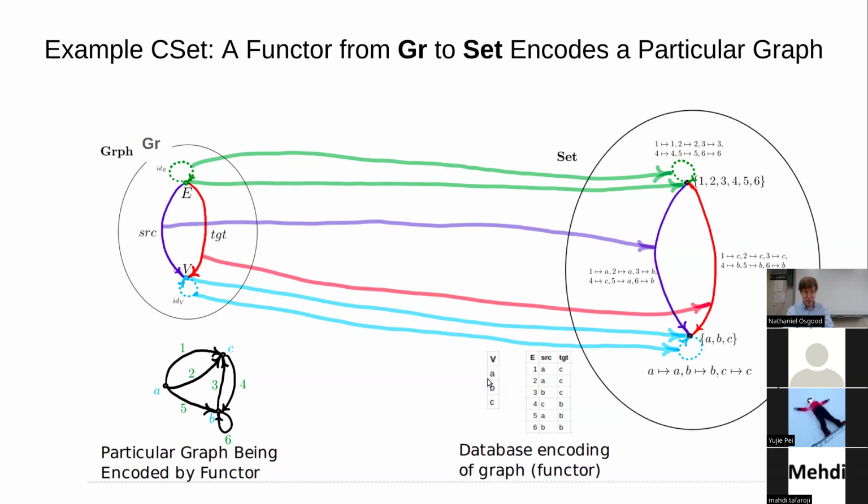So we could write it out as a little database like this. Again, a metaphor we'll come back to. There are these vertices, A, B, C, and there are these edges, 1, 2, 3, 4, 5, 6. Those are the primary keys of their corresponding tables. There's a table for every object. And then for every morphism coming out of an object, we have a column, a so-called foreign key column, that specifies what, in this case, vertex.